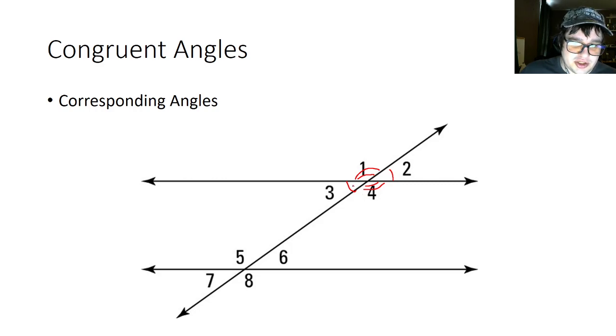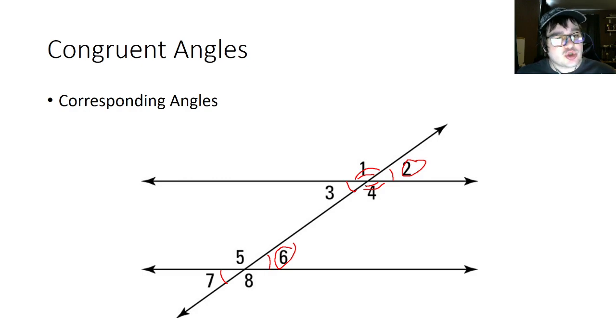From alternate interior angles, we know that 3 and 6 is congruent. From alternate exterior angles, we know 2 and 7 are congruent. Well, I also know that 2 and 6 are congruent from just all the math gymnastics we just did.